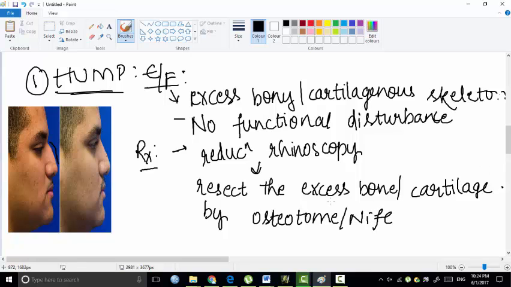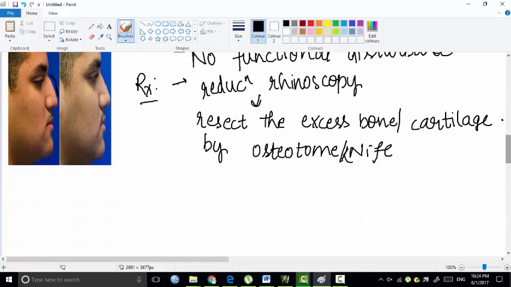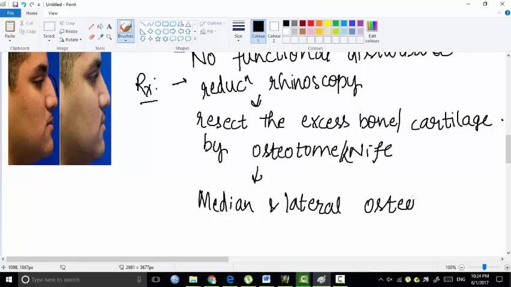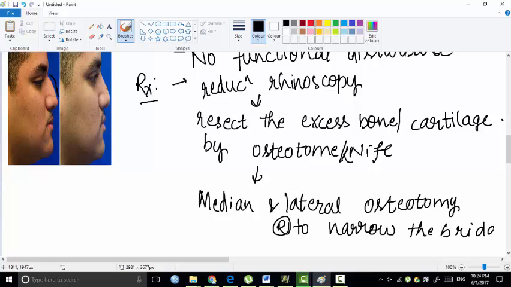Okay, once we have resected the excess cartilage, then they do median and lateral osteotomy. Why is it done? The reason is to narrow the bridge. So this is what is done in reduction rhinoplasty.